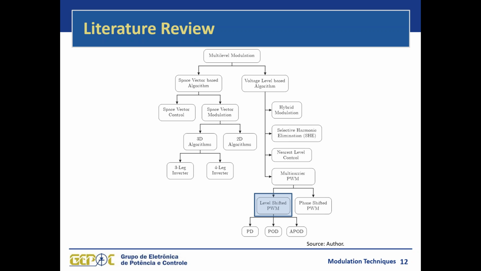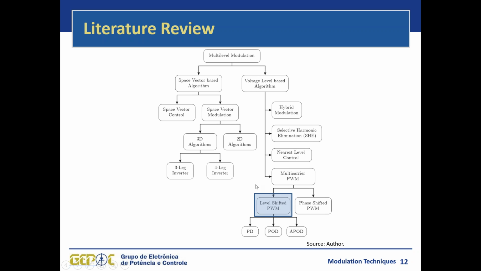On the other hand, we have other strategies such as selective harmonic elimination and PWM. When it comes to PWM, usually we work with multi-carrier PWM because we have different values for the voltage levels. So we have different levels also for the carriers that are going to be used in the modulation strategy.